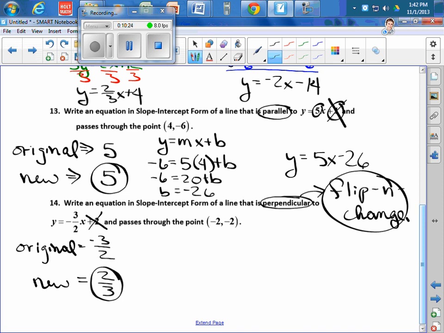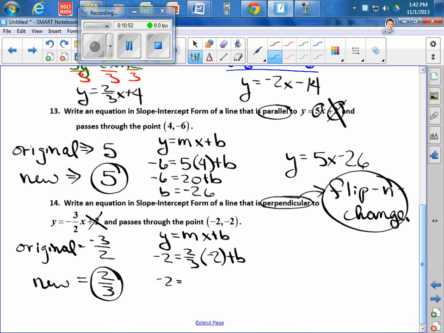Do we need to use this old y-intercept? No, that's out. We're looking for a new y-intercept. How do you do that? You start with y equals mx plus b. Plug in the -2 for the y, the 2/3 for the slope, the -2 for the x plus b. -2 is equal to, well, fraction. Oh my goodness. Here's where we're going to run into trouble, right?